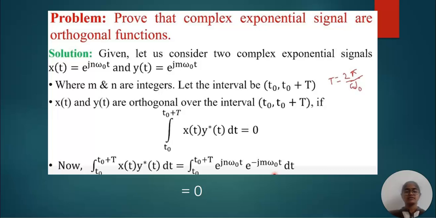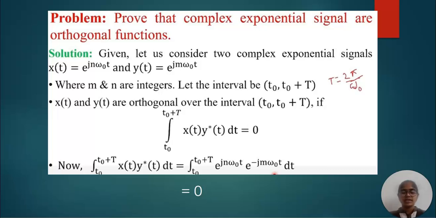Let the interval be t0 to t0 plus T, where x(t) and y(t) are orthogonal over the interval t0 to t0 plus T if the integral from t0 to t0 plus T of x(t) y*(t) dt equals 0.